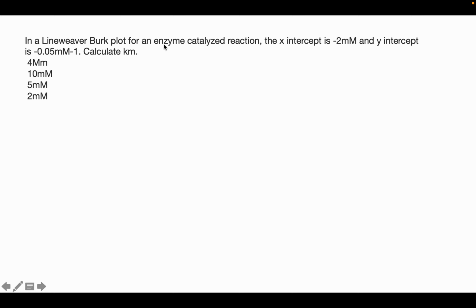In a Lineweaver-Burk plot for an enzyme catalyzed reaction, the x-intercept is minus 2 millimolar and the y-intercept is... So this is the equation, double reciprocal: 1 by V equals Km by Vmax times 1 by substrate concentration plus 1 by Vmax.